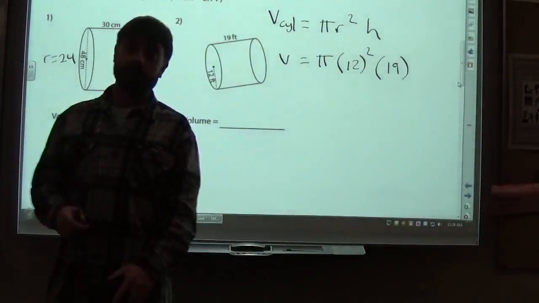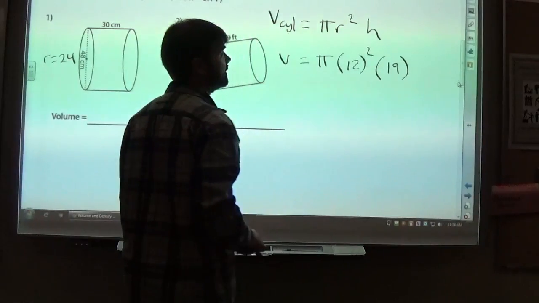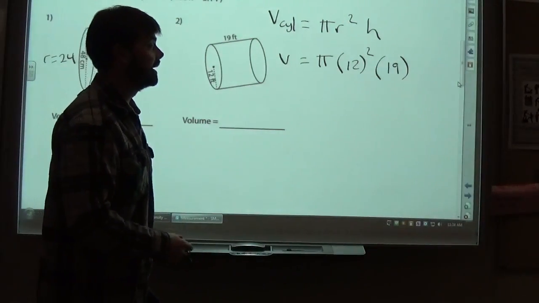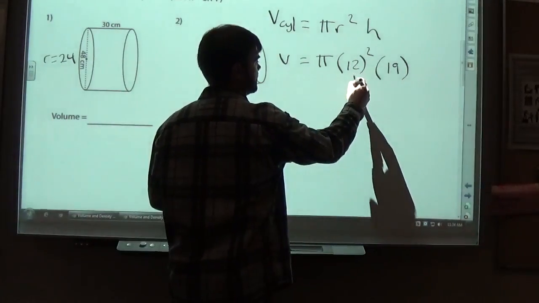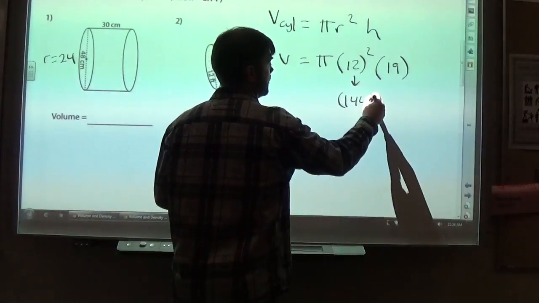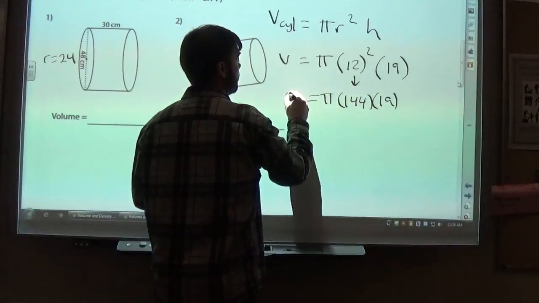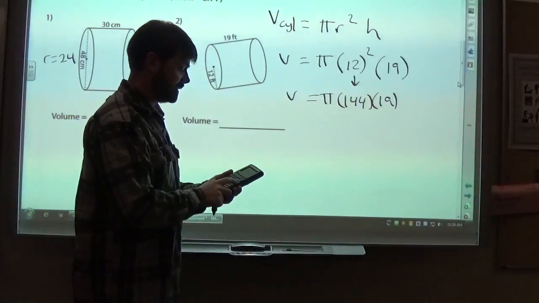Again, order of operations is important. You have to square prior to multiplying by h or multiplying by pi. I'll just show the step here. 12 squared is 144. So that's 12 times 12. Then we can multiply these in any order.